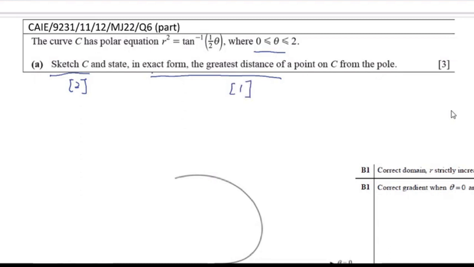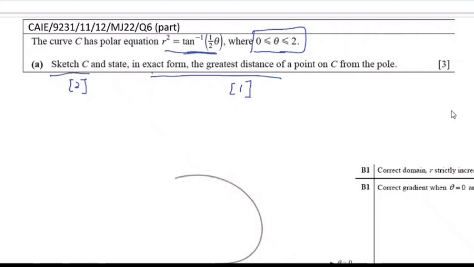So if you look at the function, r squared is equal to arctangent of a half theta. We need to be familiar with different types of functions here. This is an arctangent. It's an increasing function, because when theta goes from 0 to 2, it's an increasing function for the arctangent.